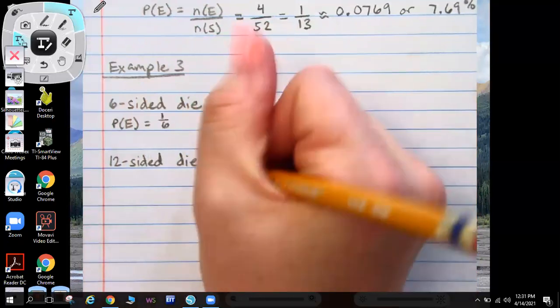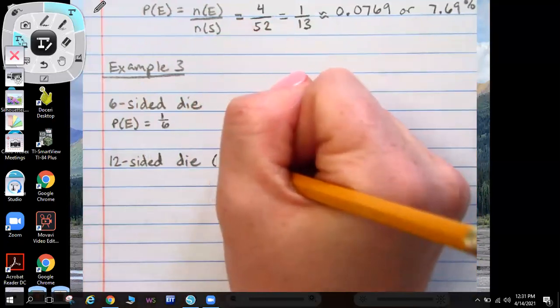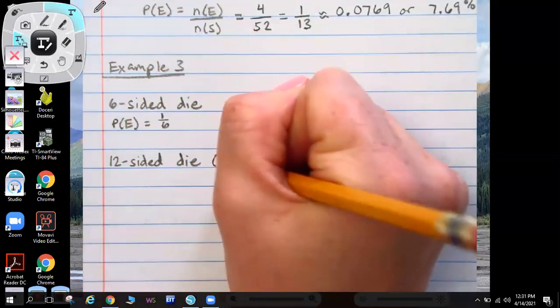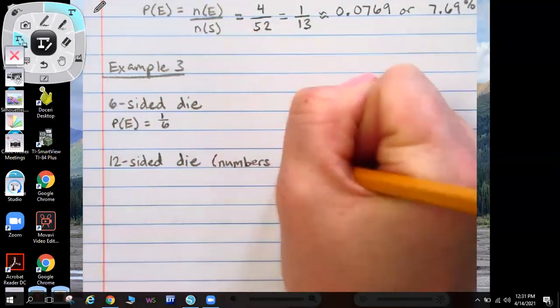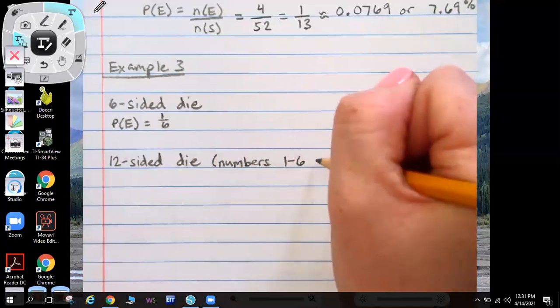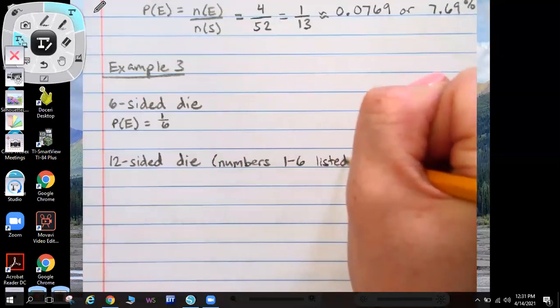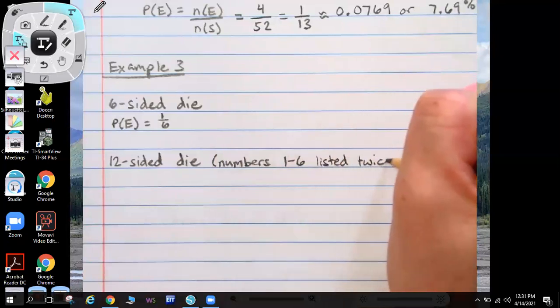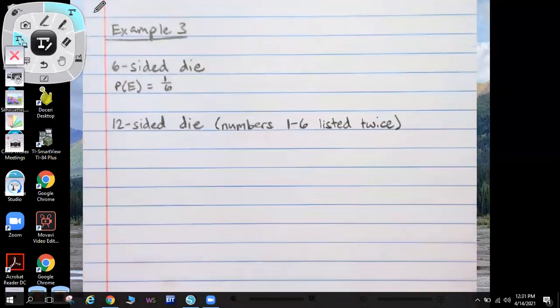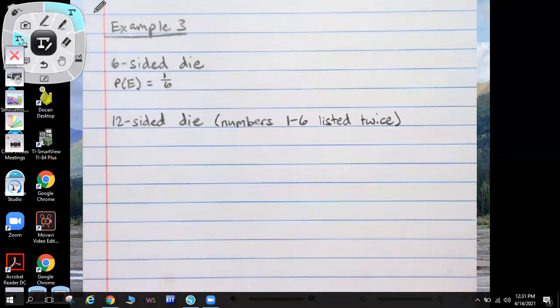This 12-sided die that we're being asked about, let's just go ahead and put in parentheses, numbers 1 through 6 are listed twice. So it's not numbers 1 through 12, it's numbers 1 through 6 listed twice.